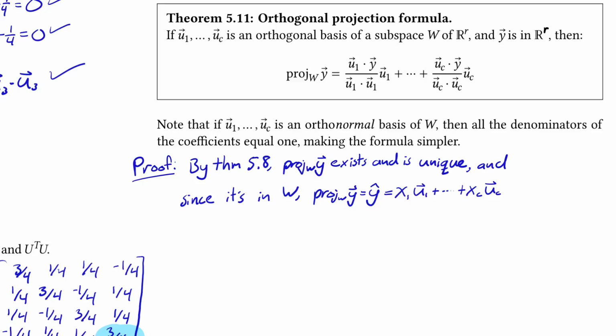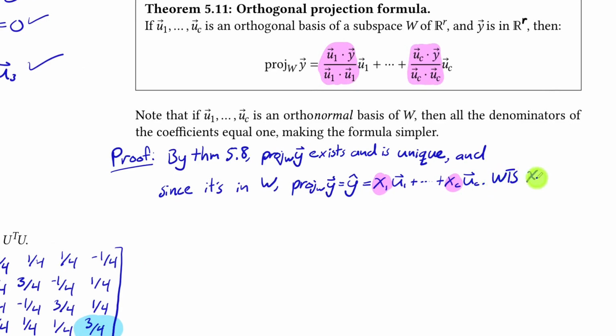Now, we want to show that each of these coordinates, x1 through xc, the coordinate vector of y hat, satisfies this formula we're giving here. So that's our goal.